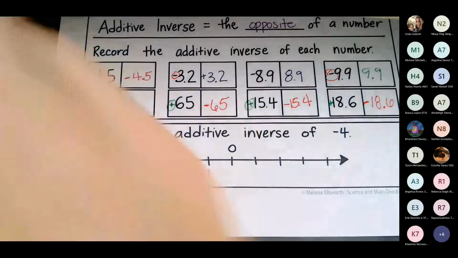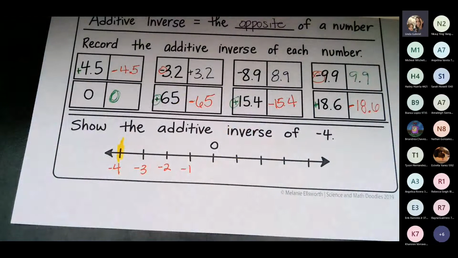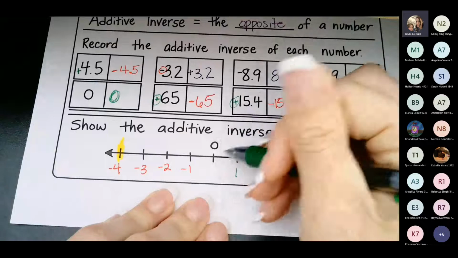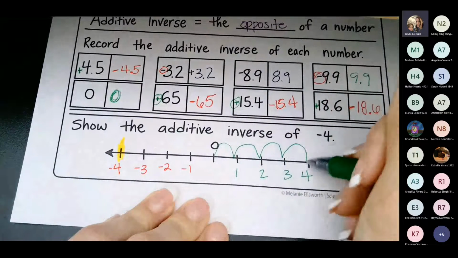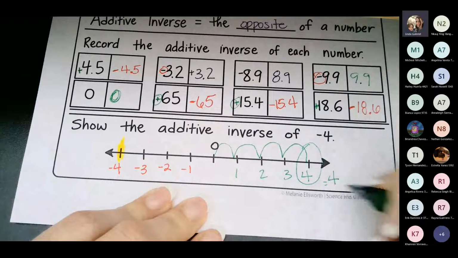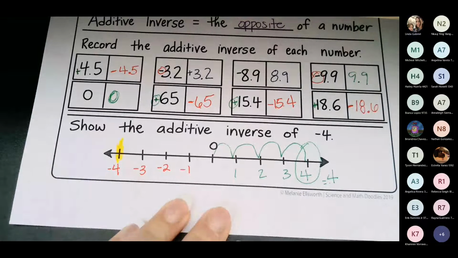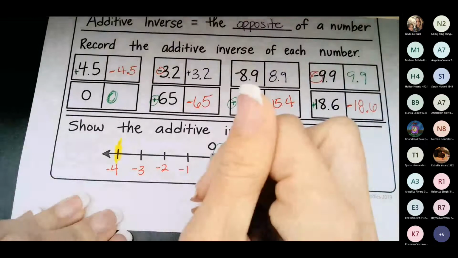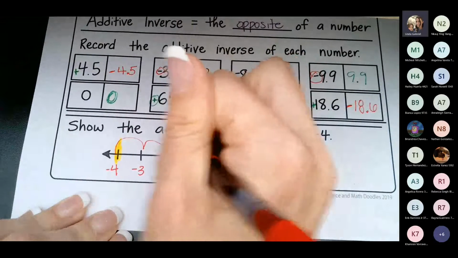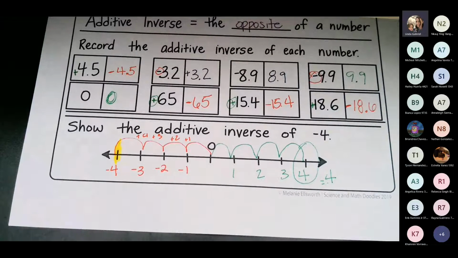So if I'm trying to find my additive inverse of negative 4, that means I need to move over 4 spots, right? 1, 2, 3, 4. That will give me 4 for my additive inverse of negative 4. All right, easy enough, yeah?